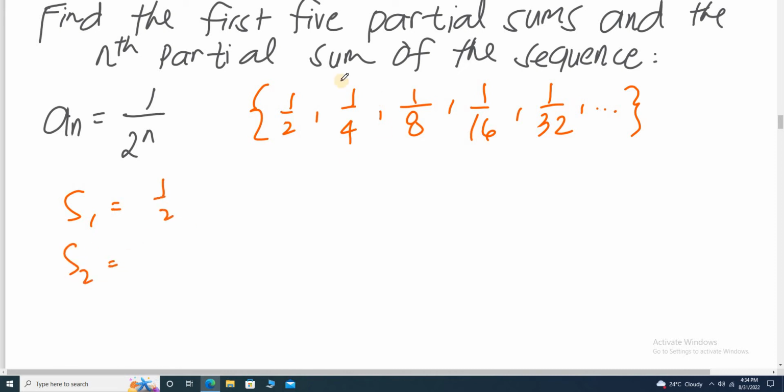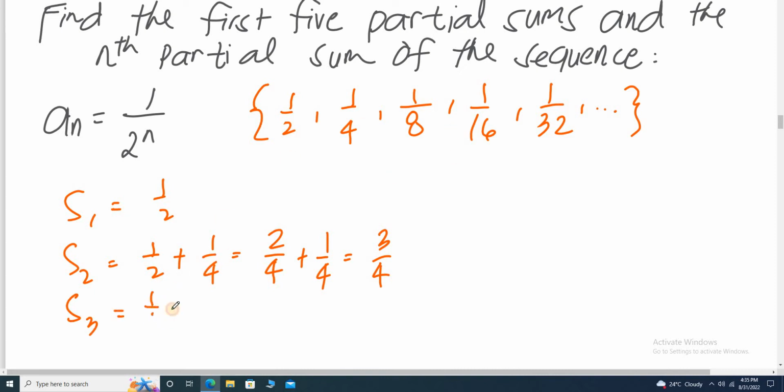Now partial sum, my S sub 1 is 1/2. S sub 2 is the sum of the first 2 terms, 1/2 plus 1/4. And by common denominator, this would be 2/4 plus 1/4. It's now equal to 3/4. S sub 3, the sum of the first 3 terms, 1/2 plus 1/4 plus 1/8. By common denominator, this becomes 4/8 plus 2/8 plus 1/8, and this is 7/8.